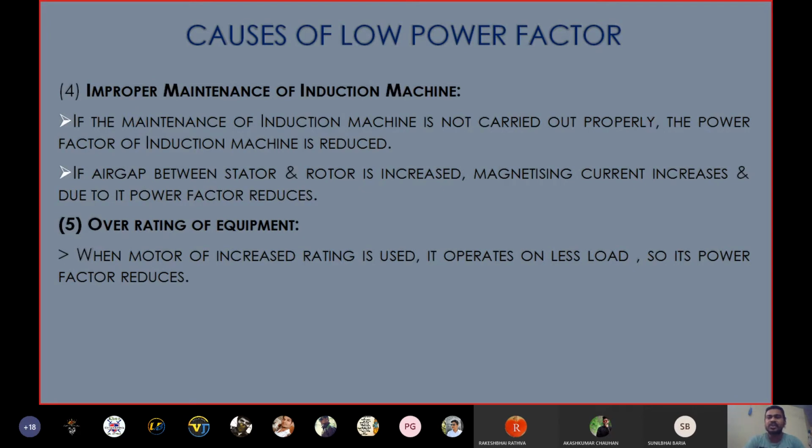This machine operates on less load, and when machines operate on light load, the power factor is always low. So we have to use machine specifications or ratings according to the requirement of the load. Which type of load is there, what is the demand of the load, and according to that we have to use the proper rating of the equipment.